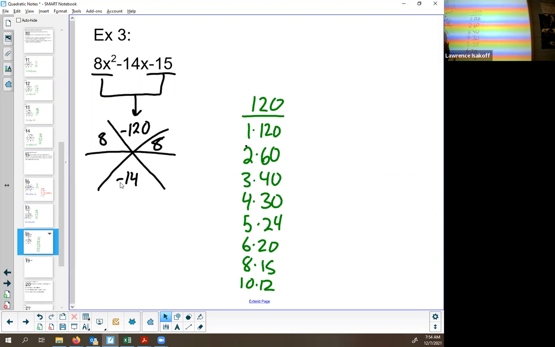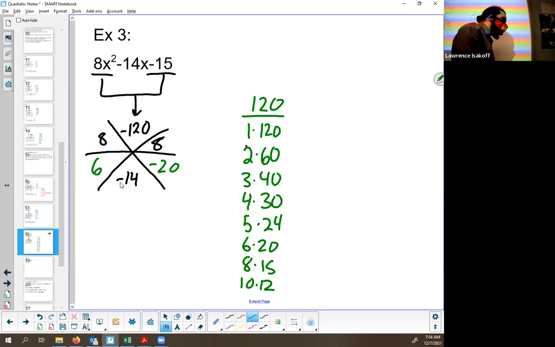I can see that logic of you saying, okay, I'm writing it down, I'm thinking, and go, hey, here's my eureka moment. If I do 6 minus 20, that gives me negative 14. So I'm going to do 6 and negative 20. Now, both of these are going to reduce. What would 8 over 6 reduce to?